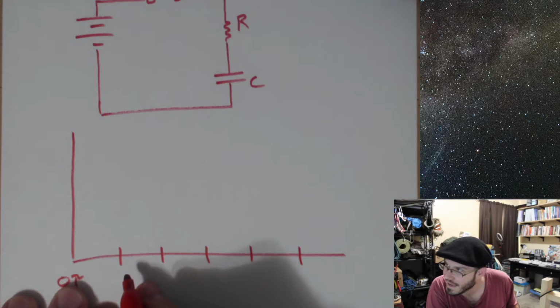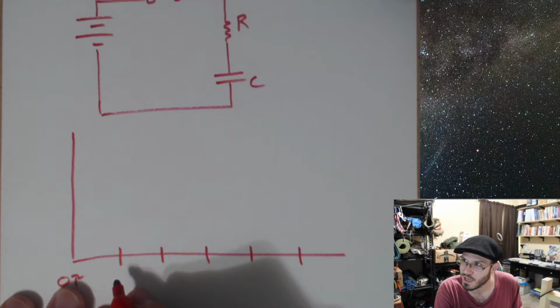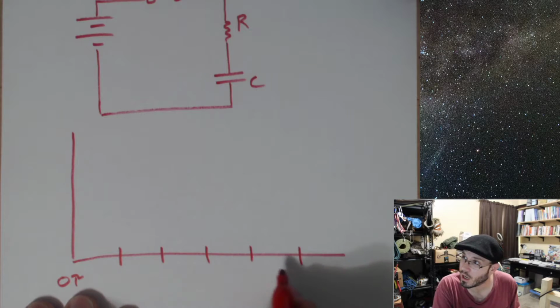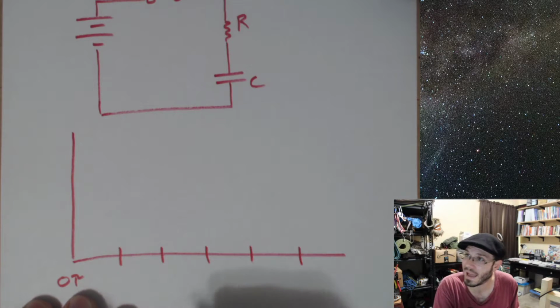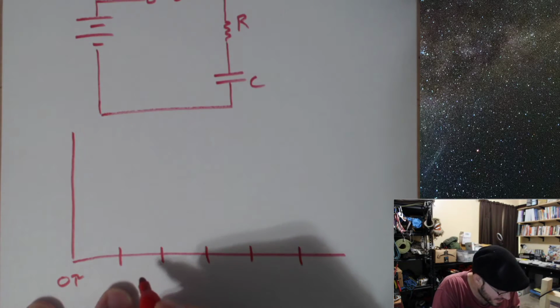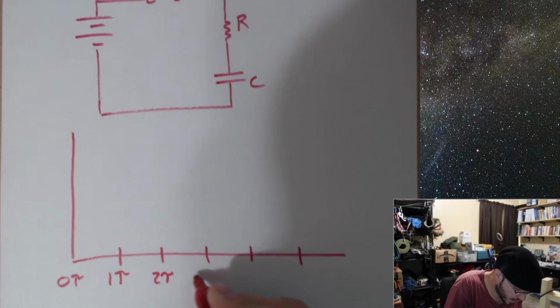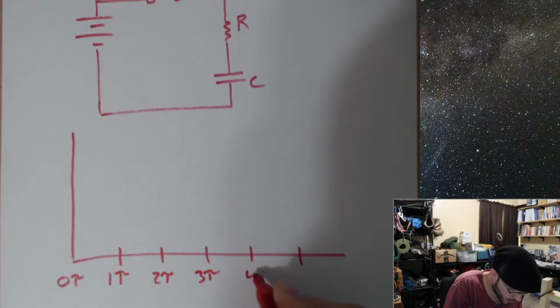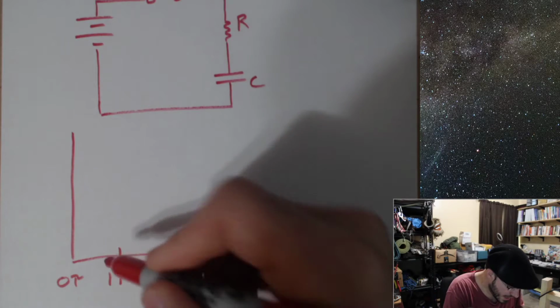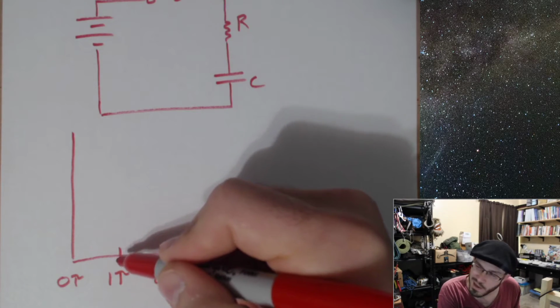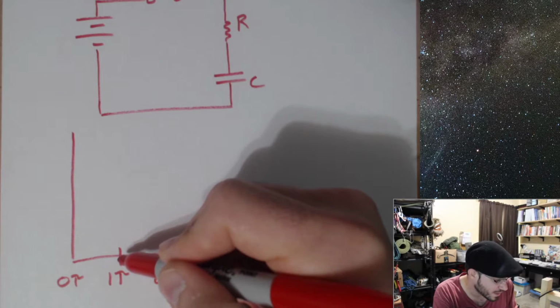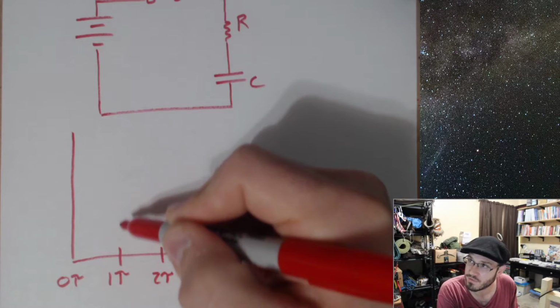And so it's going to take, very similarly to inductors, 5 time constants in order to reach our max value. So 0 time constants, 1 time constant, 2 time constants, 3 time constants, 4, and 5. Now, at the first time constant, we actually reach 63.2% of our max value.